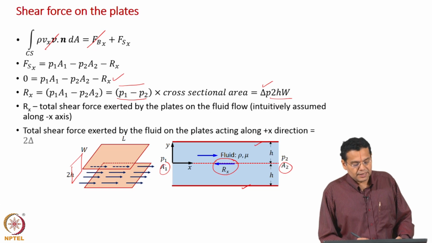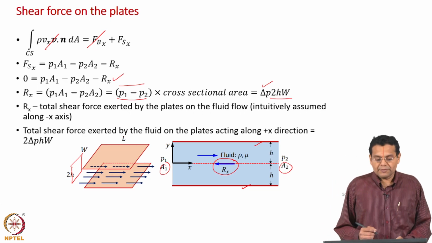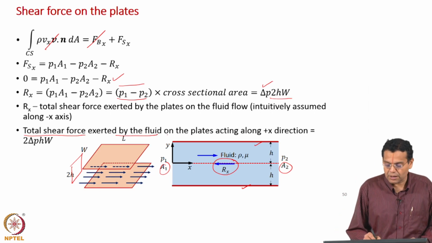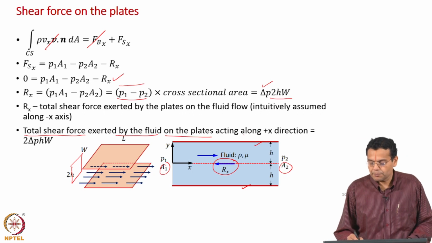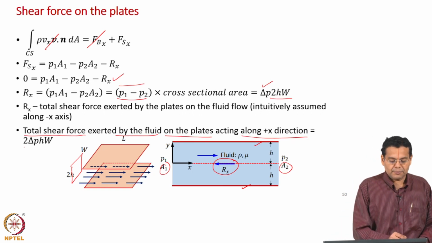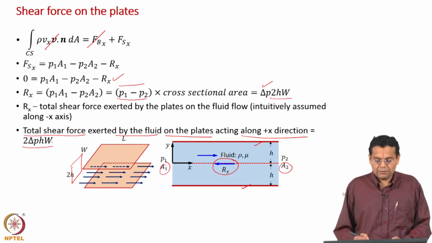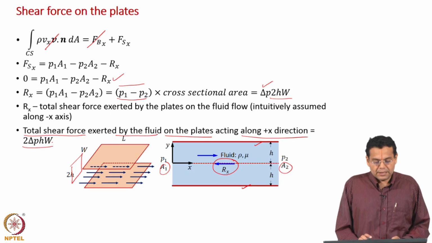And just like we did earlier, what we are interested is the shear force on the plates. So, total shear force exerted by the fluid on the plates is along the positive x direction. Of course, magnitude is 2 delta P HW. Of course, it cannot change. We have found the expression using the integral linear momentum balance.